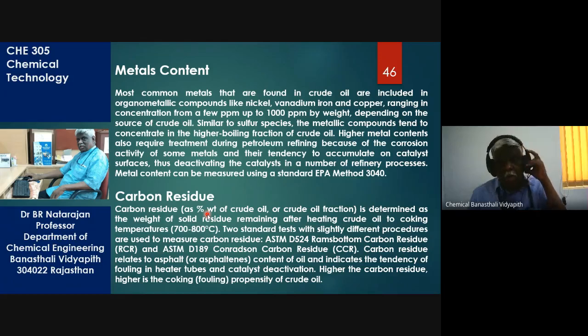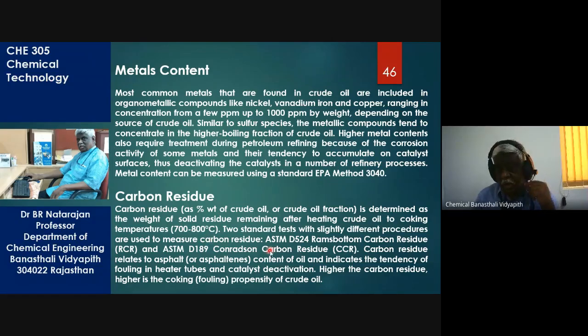So when I burn the crude oil, how much residual carbon is left? That is known as coking temperatures. Like coking of coal, we can do coking of the crude oil also to form petroleum coke.